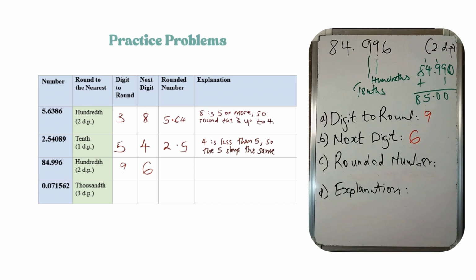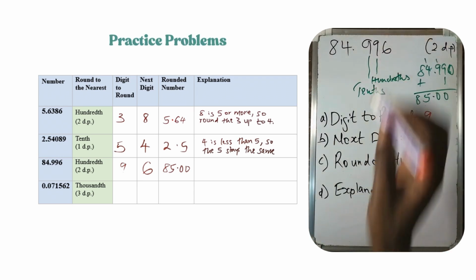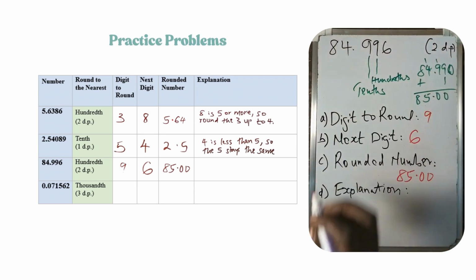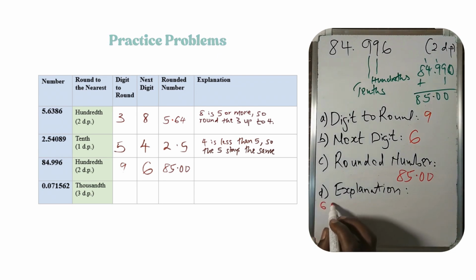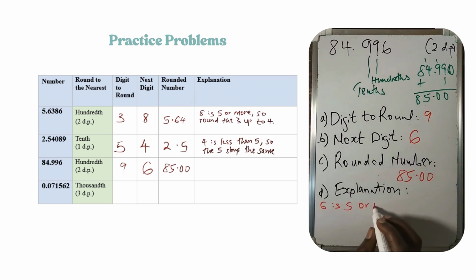So the rounded number will be 85.00. So what's our explanation? Why are we keeping these two zeros? This is our explanation. This 6 is 5 or more.